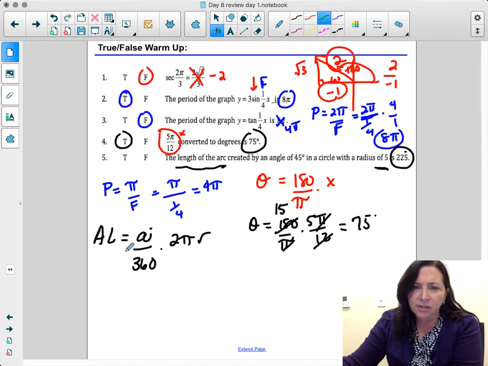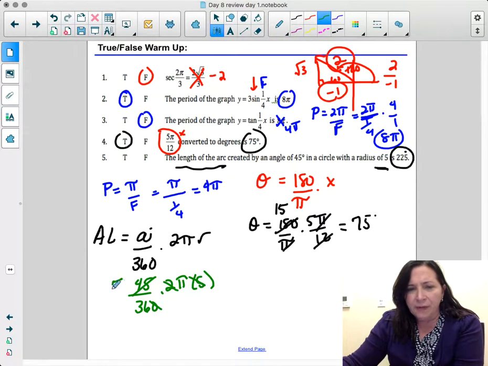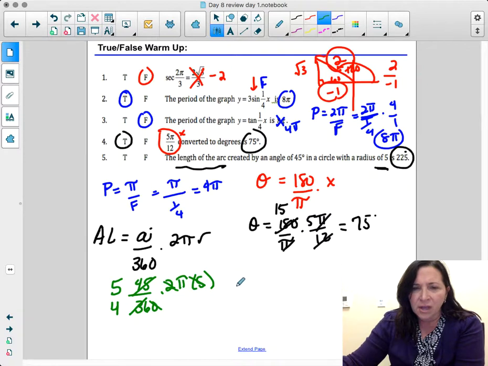Arc degree is 45, so 45 over 360 times 2 times pi times my radius, which is 5. 2 times 5 is 10. 10 is going to cancel with this 0. 9 divides into 45 5 times, and 9 divides into 36 4 times. So my arc length is going to equal 5 pi over 4.